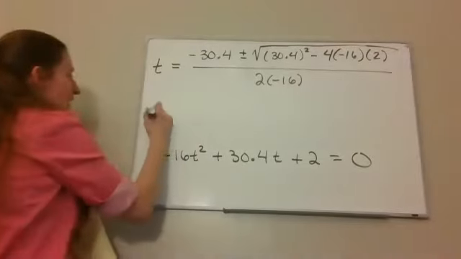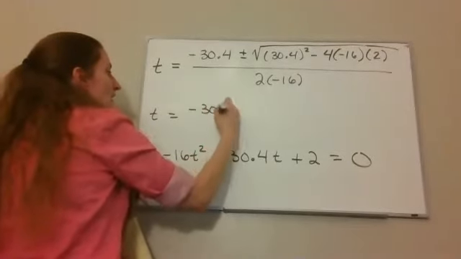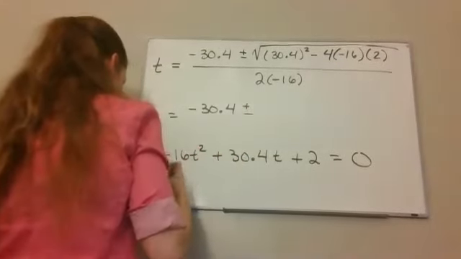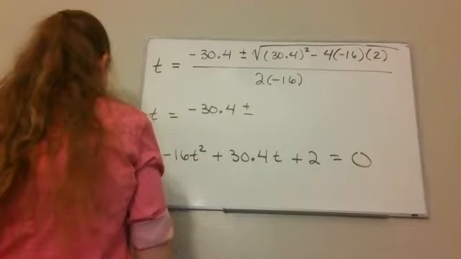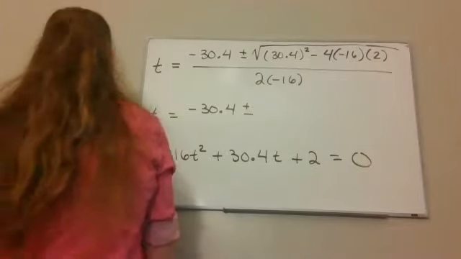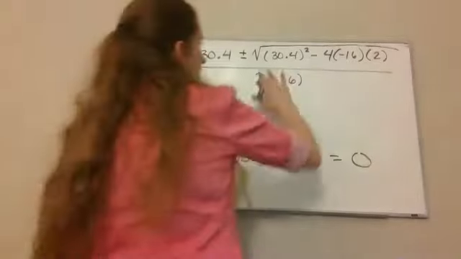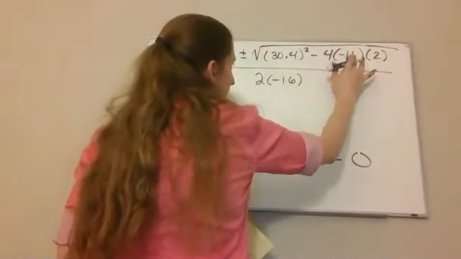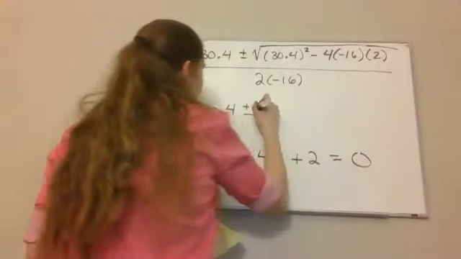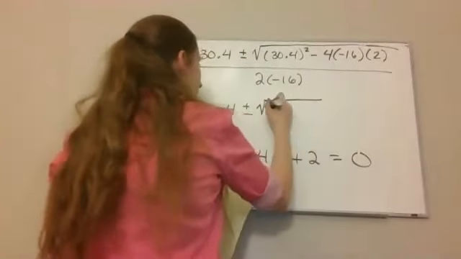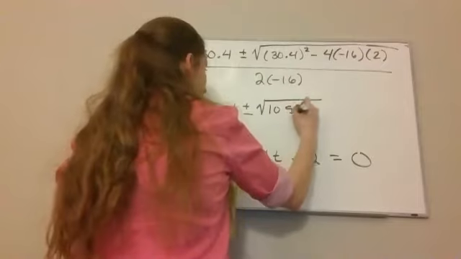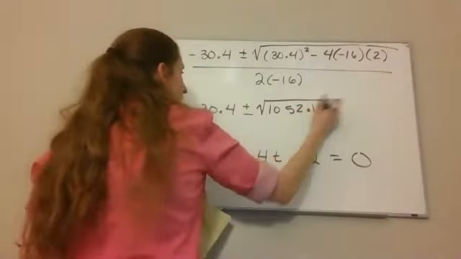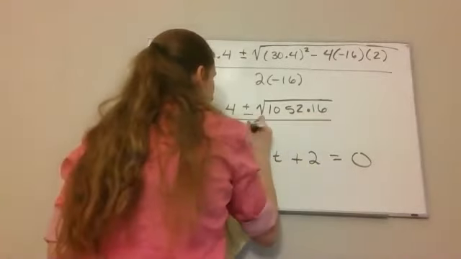When I simplify this, I have negative 30.4 plus or minus, when you do the 30.4 squared and then minus 4 times negative 16 times 2, you're going to get a square root of 1052.16. And all of this is over negative 32.